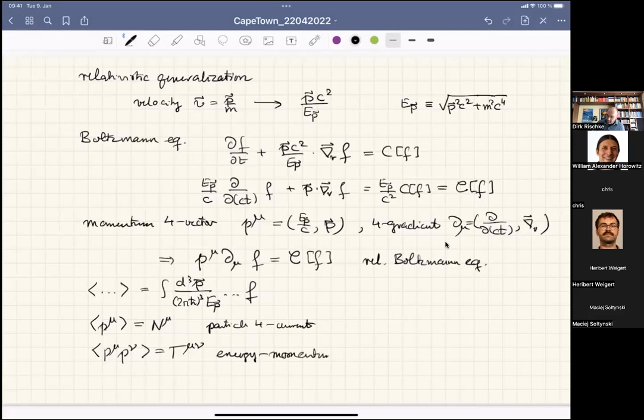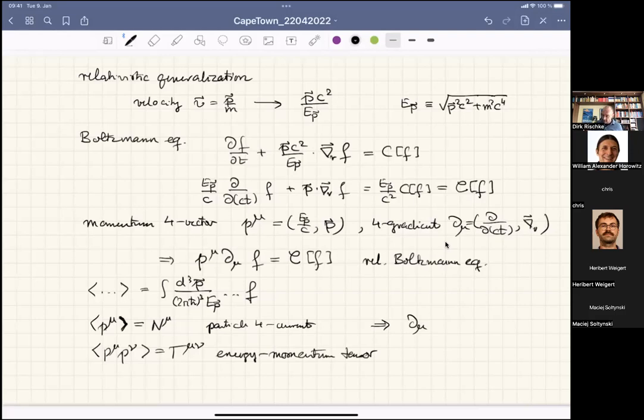And the conservation laws that we derived previously can be immediately generalized relativistically. I mean, you take basically this Boltzmann equation, you perform this averaging, you use the properties of the collision integral that we have already discussed.